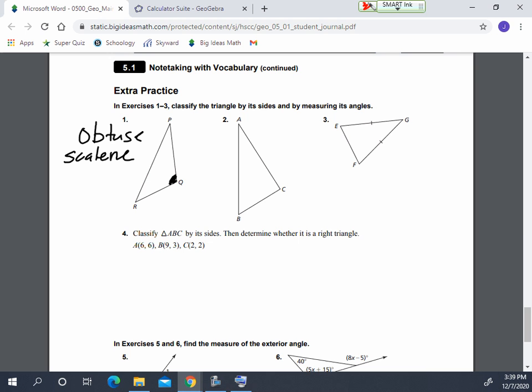Number 2, angle C isn't 90 degrees. There's nothing given to us that's 90 degrees. In fact, I'd say it's smaller than 90. So here we have an acute triangle. Now by its sides, it doesn't give us that any two sides are congruent, so it's an acute scalene.